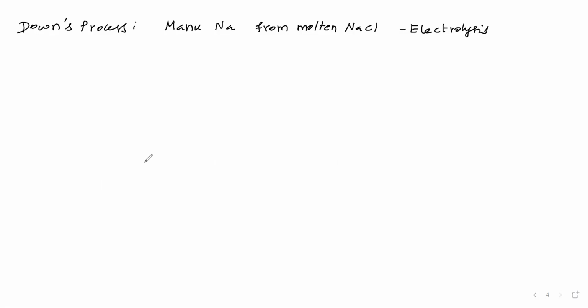Okay. Now we will go for electrolysis. We have to take an anode. The anode we are taking here is a graphite anode. It is connected to positive charge.